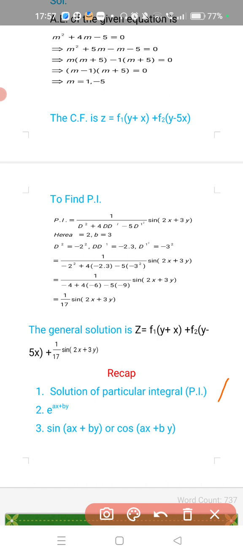In this video we discussed how to solve when f of x y takes the form of e power ax plus by, and when it takes a trigonometric form, whether sine of ax plus by or cos of ax plus by.